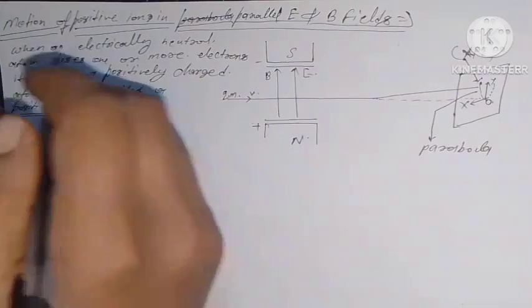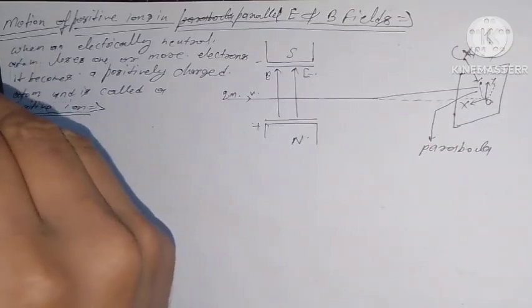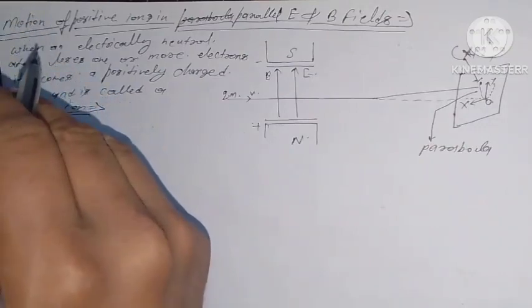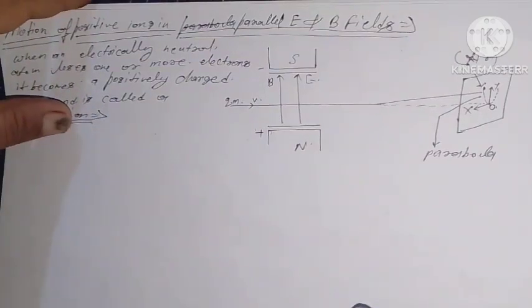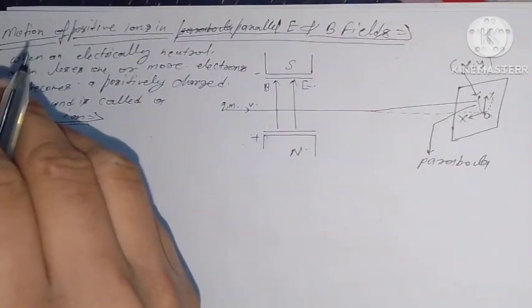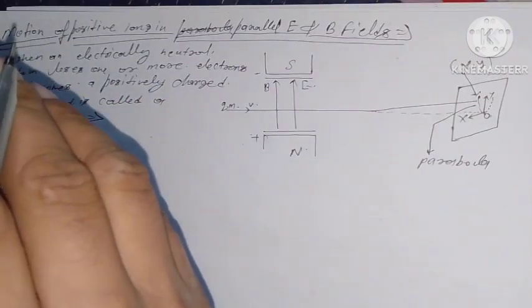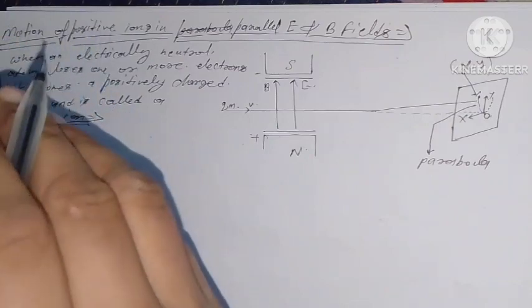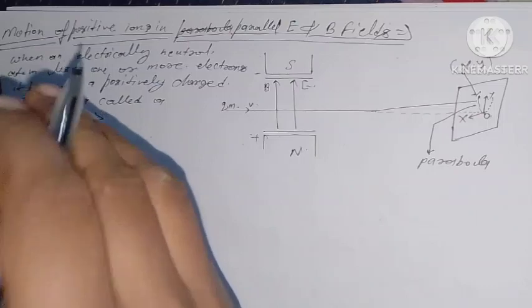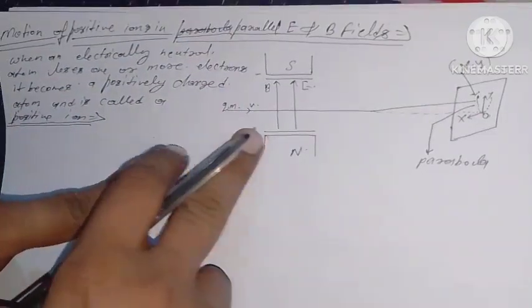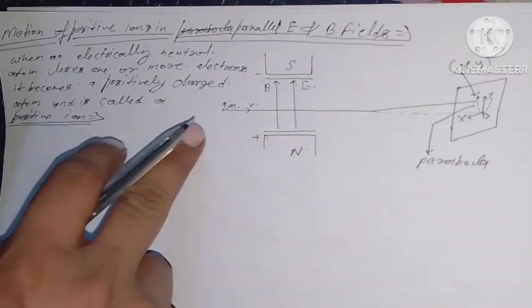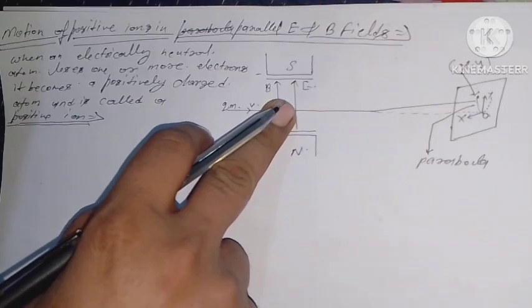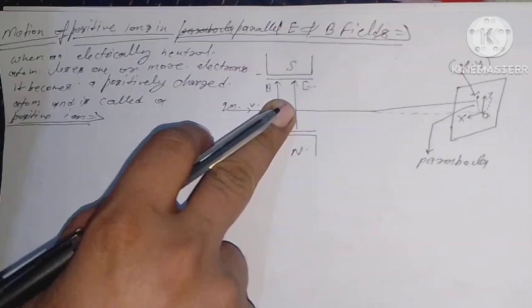Okay. Suppose a beam of such positive ions, each of mass m and charge q, moving with a velocity small v, enters a region in which a uniform electric field of intensity E and a uniform magnetic field of induction B are present.